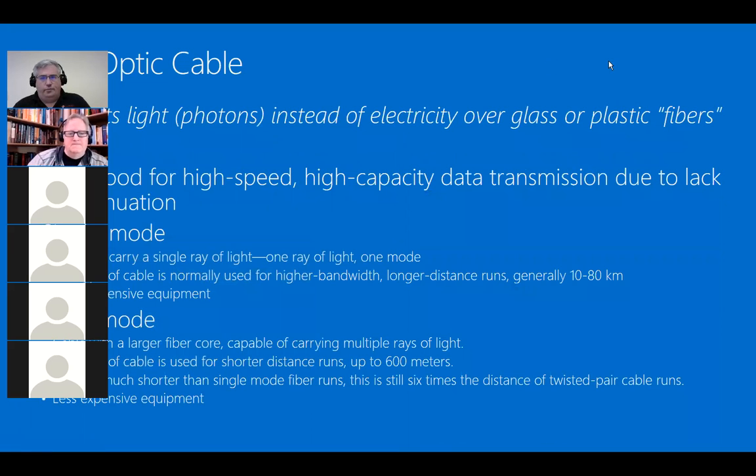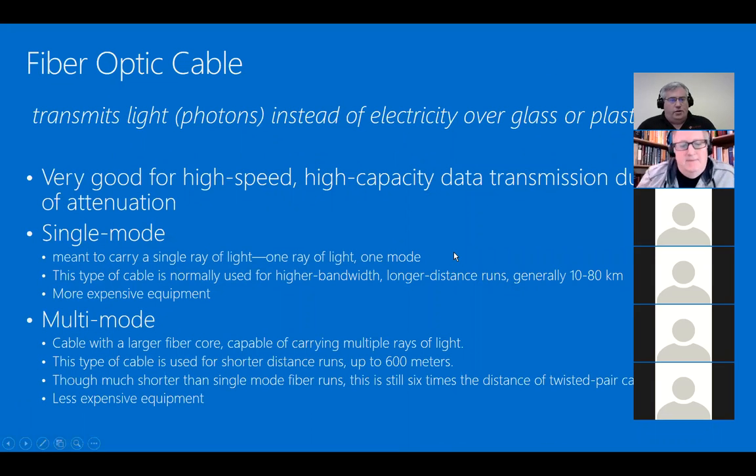Speaking of fiber optic, basically it's a cable that will pass light through it. It's usually made out of plastic or glass, and it can go very long distances at very high speed. We've got two different kinds, single mode and multi-mode.